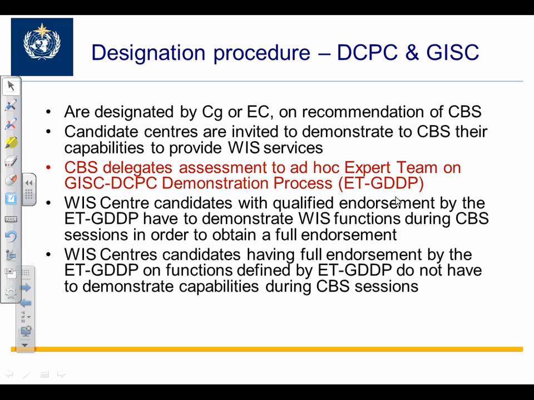If the expert team has successfully endorsed you, then CBS will waive and not require a physical proof of your capabilities. On the other hand, if for some reason you didn't pass the audit, you can still demonstrate directly to CBS, even though then they will probably ask why the audit was not successful with the expert team.